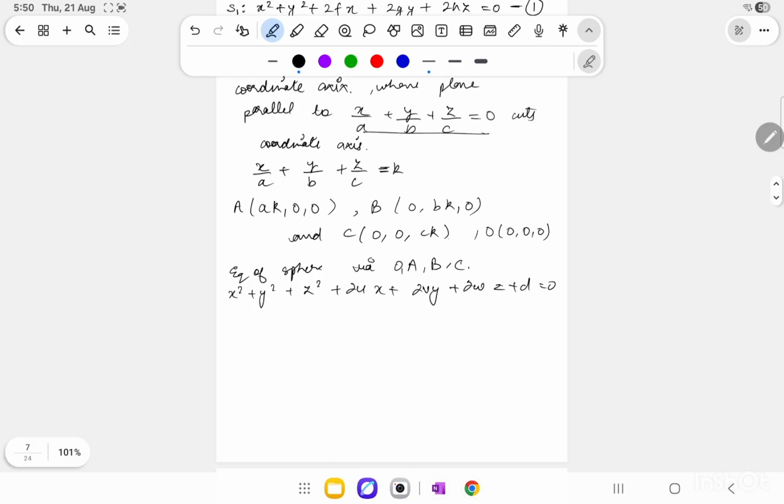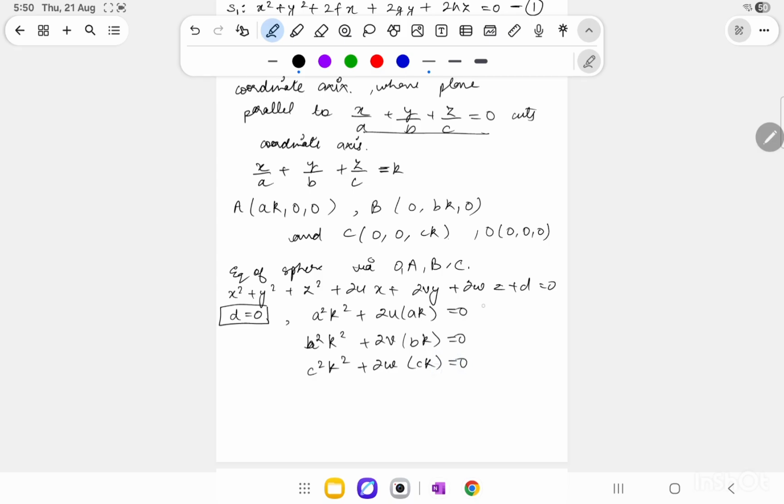If I put the values of A, B, C and O here, I'll get my d as 0. a square k square plus 2u ak equals 0, b square k square plus 2v bk equals 0, and c square k square plus 2w ck equals 0. So from here I can find the value of 2u. My 2u is basically minus ak. Likewise my 2v is minus bk and my 2w is minus ck.